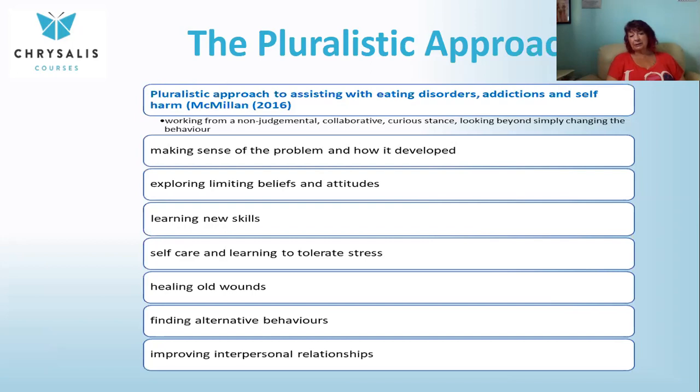And also things like writing, art, sharing photos, and using Gestalt empty chair work and other Gestalt self-awareness work can be really useful here. And we need to help them find alternative behaviours.